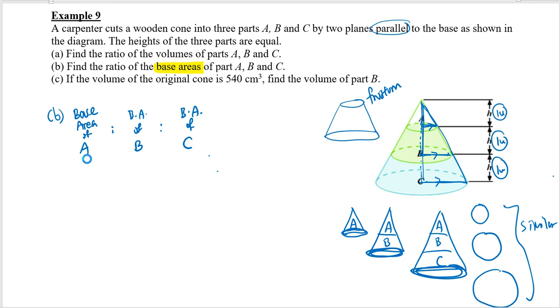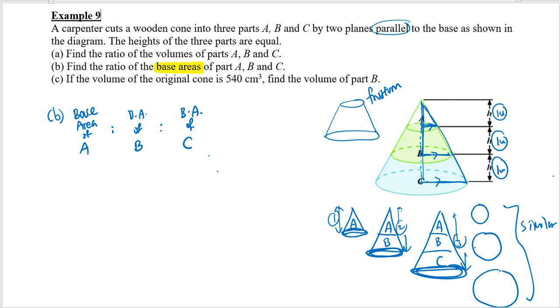In this case, I just need to look for a corresponding length to form their area ratio. Corresponding length that I really have here is just the height. So this is 1 unit for the height, 2 units for the height, and 3 units for the height.